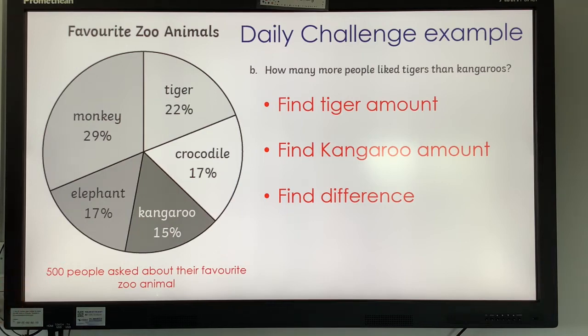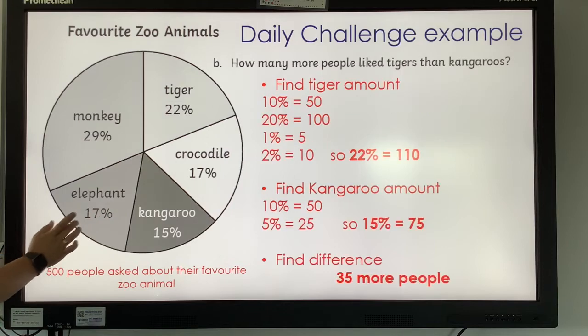So hopefully you had a go at finding the tiger amount, the kangaroo amount, and then finding the difference. So 10% would give you 50. So 20% would give you 100. 1% would give you 5. So 2% would give you 10. Put that together to make 22%, and 22% of 500 is 110.